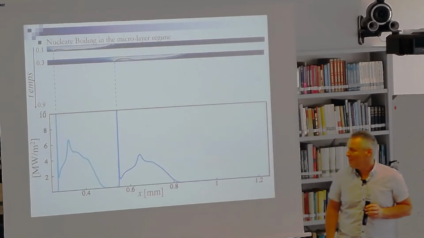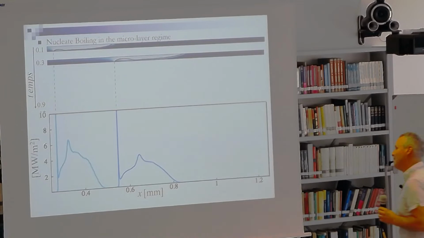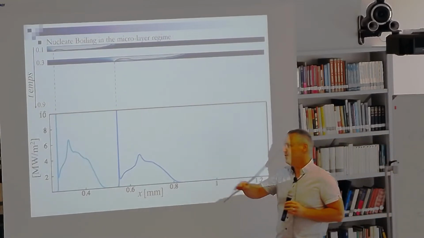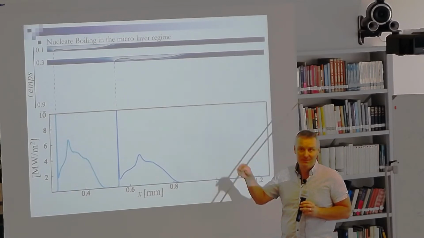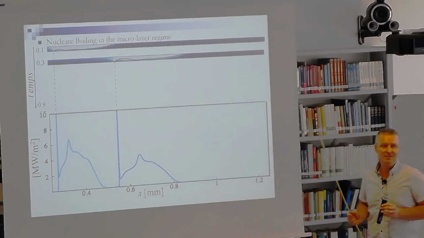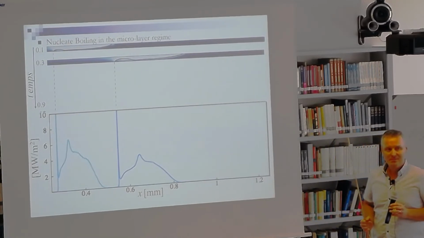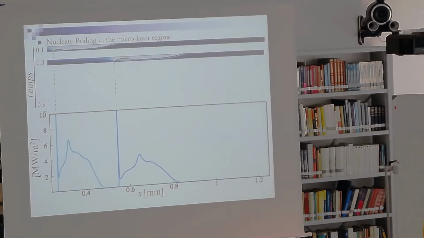Okay, I don't remember this curve, but I think it's a bit surprising. If the heat flux is higher, it means that the liquid thickness is lower. Maybe we should look at the curve to discuss this, but I do not remember this curve.